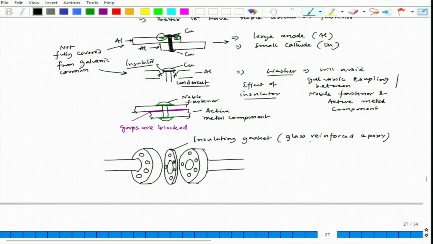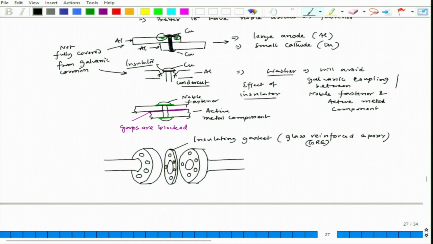Okay. So, this is called GRE. What happens? This actually prevents the connection between opposing ends of that particular flange joint.